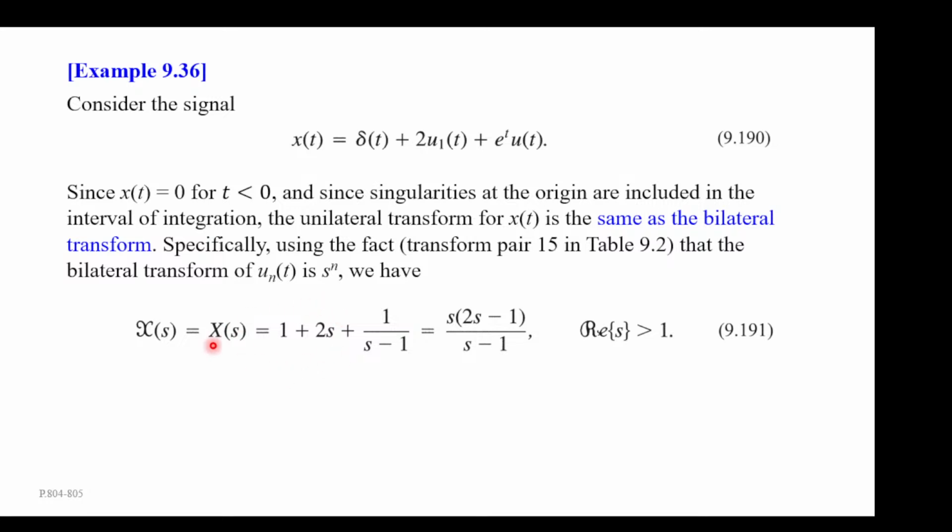So they are just powers of s. You have the transform being 1 plus 2s, and e to the t u of t transforms to 1 over s minus 1. So this is your bilateral Laplace transform, and this is also your unilateral Laplace transform.